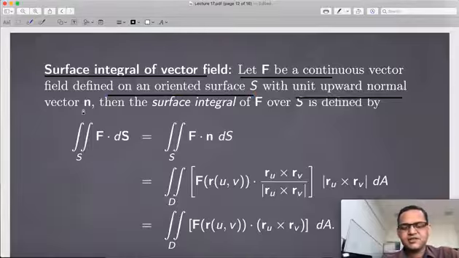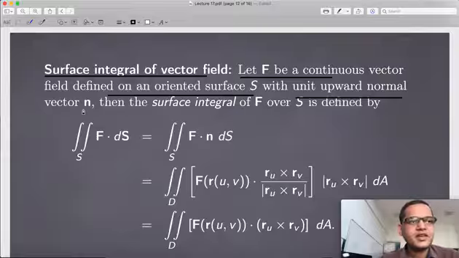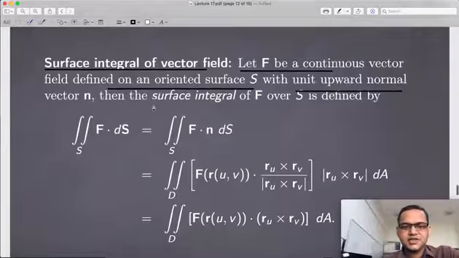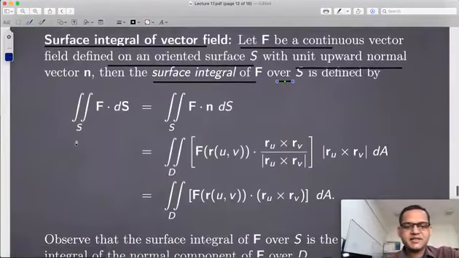This n always refers to the unit outward normal, and sometimes we say it is given with positive orientation, or sometimes the upward unit normal, and so on. The surface integral of this vector field over S is defined by this.